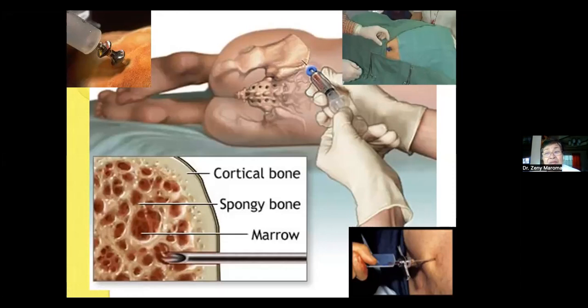add-on. At saka do not forget to request for bone marrow aspiration set. Bone marrow aspiration set. Yan ang tawag. Kung nung isang araw, thoracentesis set. Ito naman, bone marrow aspiration set.